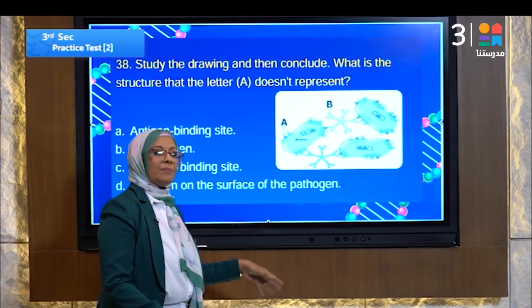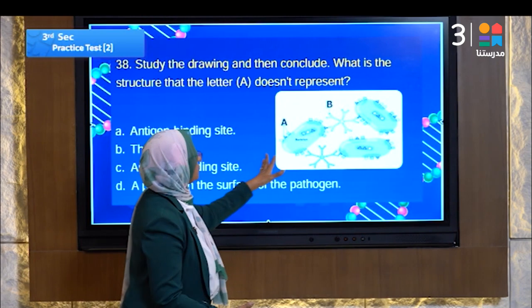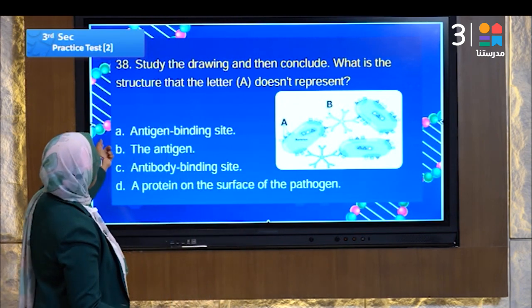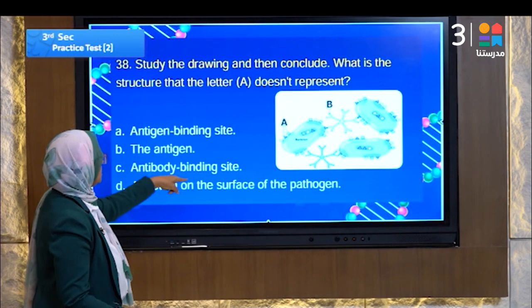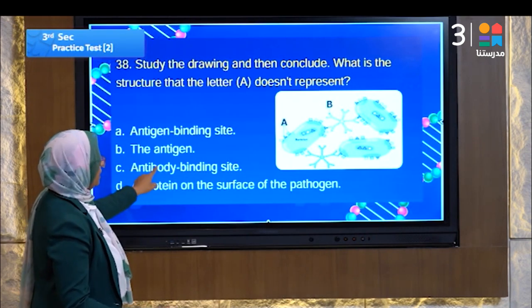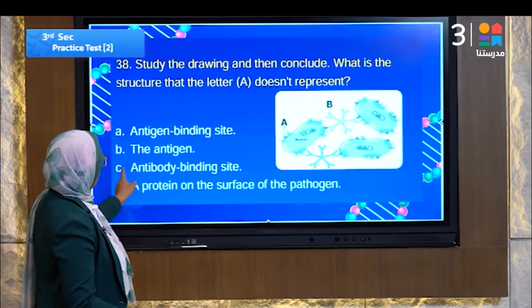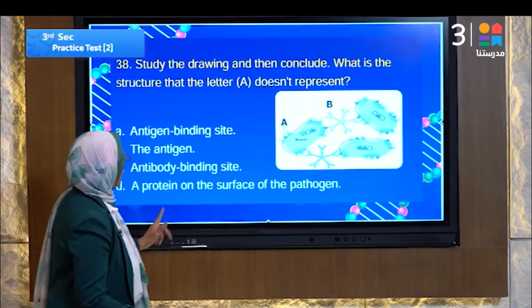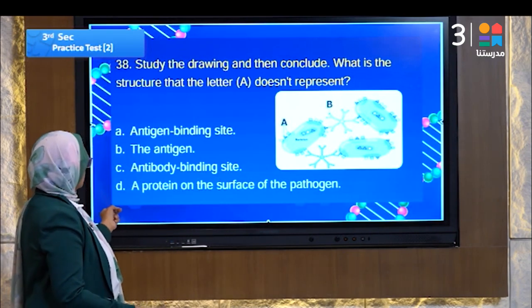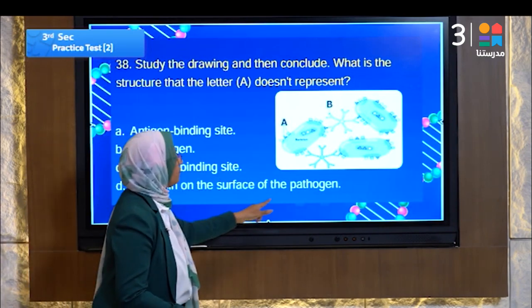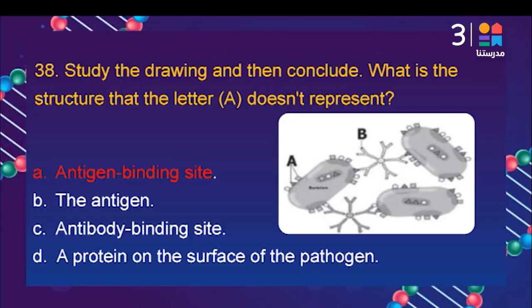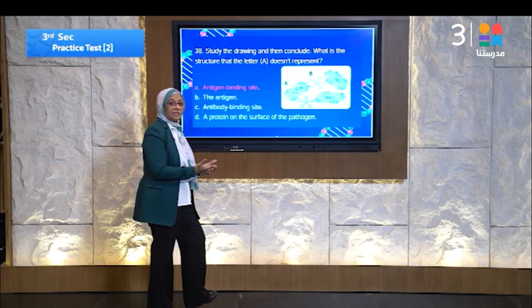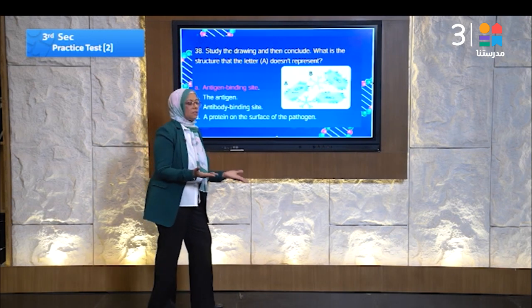It will lose something here in the figure. Let's read the choices. A, antigen binding site. B, the antigen. C, antibody binding site. D, a protein on the surface of the pathogen. The answer is antigen binding site.